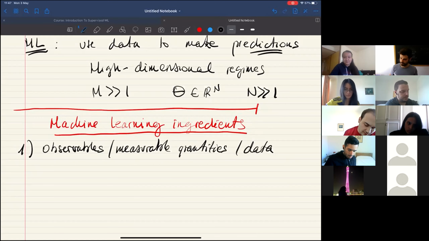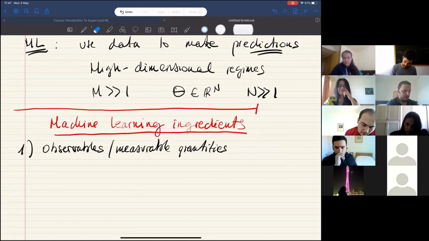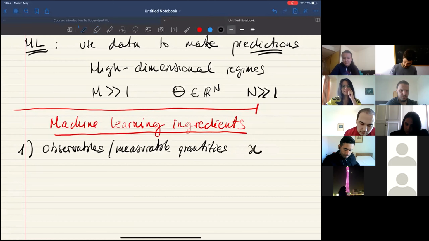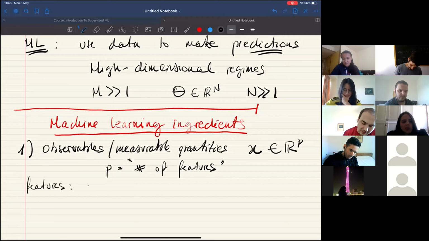Actually, this is part of the data. Let me remove this part. Just observables or measurable quantities. And I will call that X. So one measurable quantity or one observable is a vector in R^P, where P here is the number of features. So the features are the components of this vector.